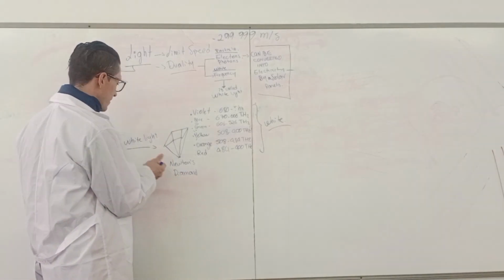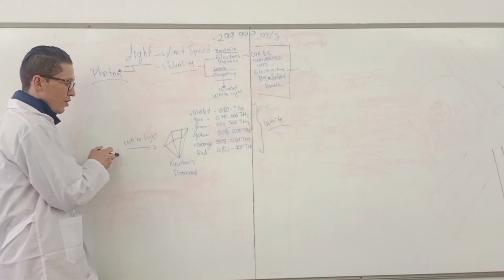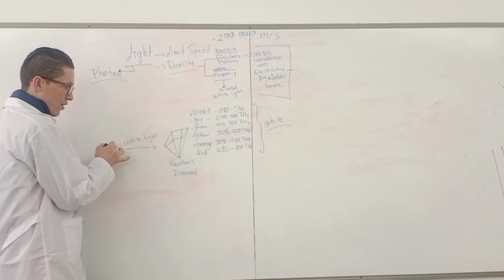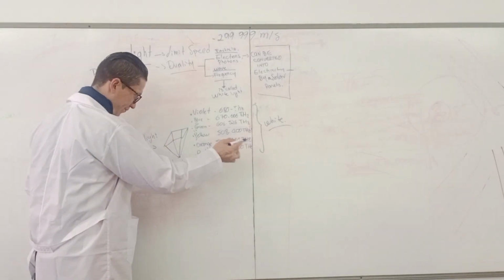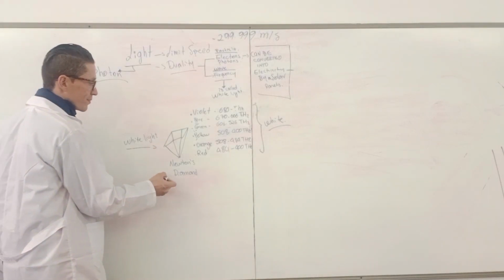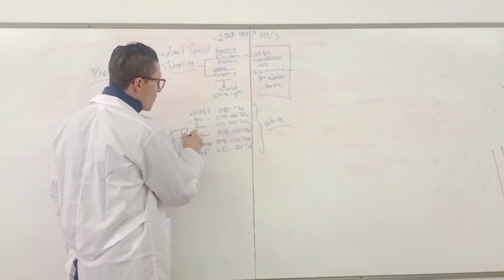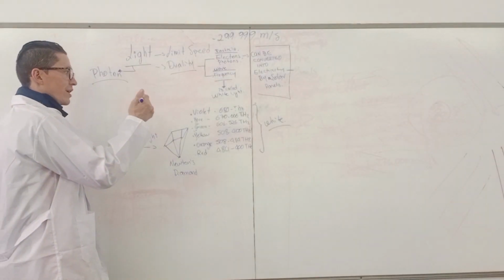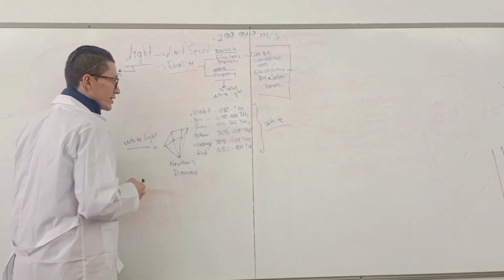Newton mentioned that if you put white light through a diamond, it will break down into these frequencies, right?